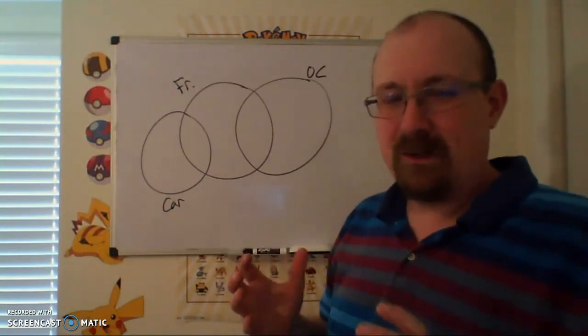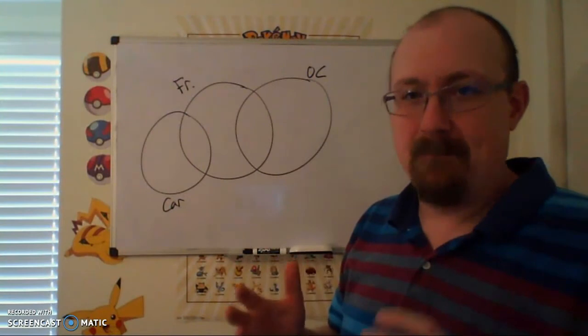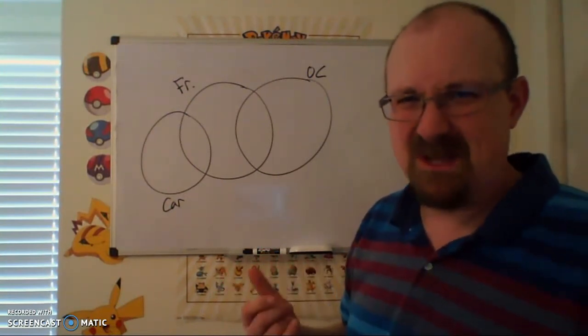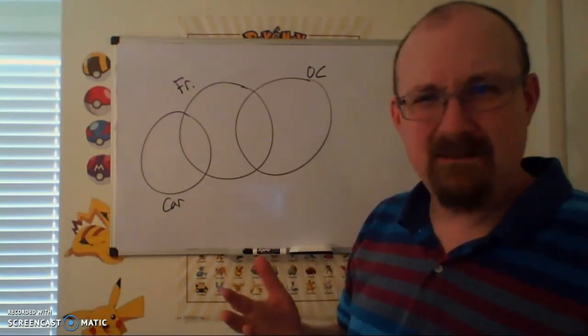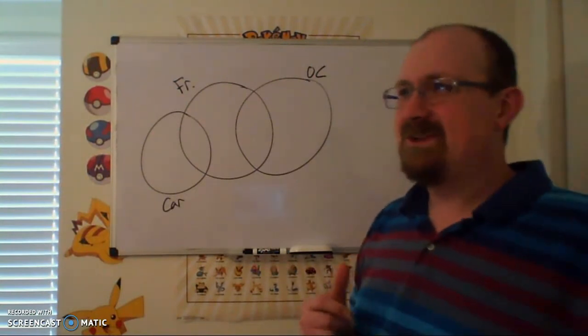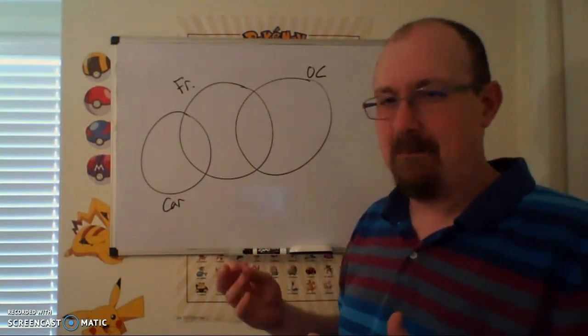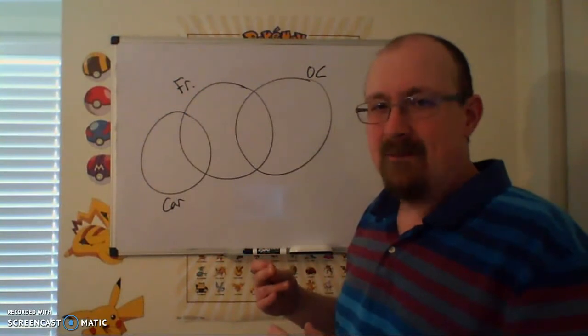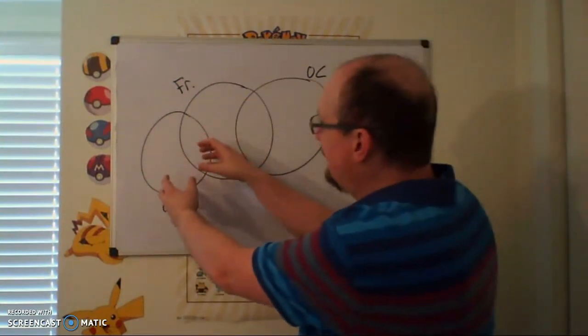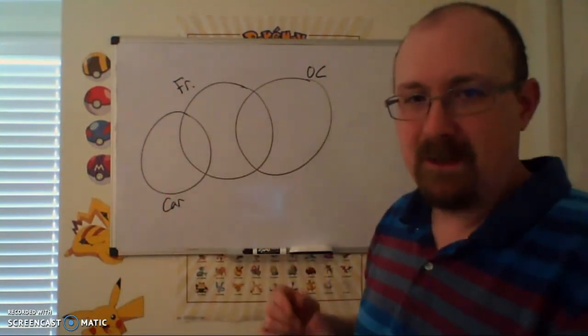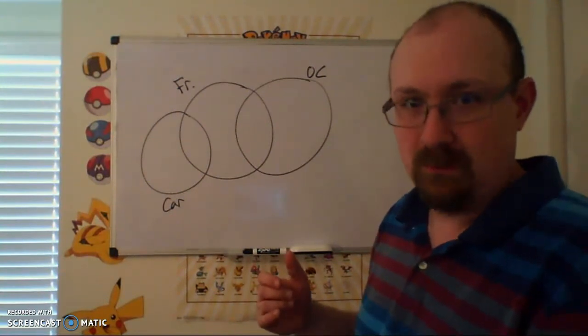This one is a little bit trickier because it's not directly some A are B. It says some A are not B. So the catch in this particular example is, is there a way that I could completely overlap the freshman circle with the car circle?